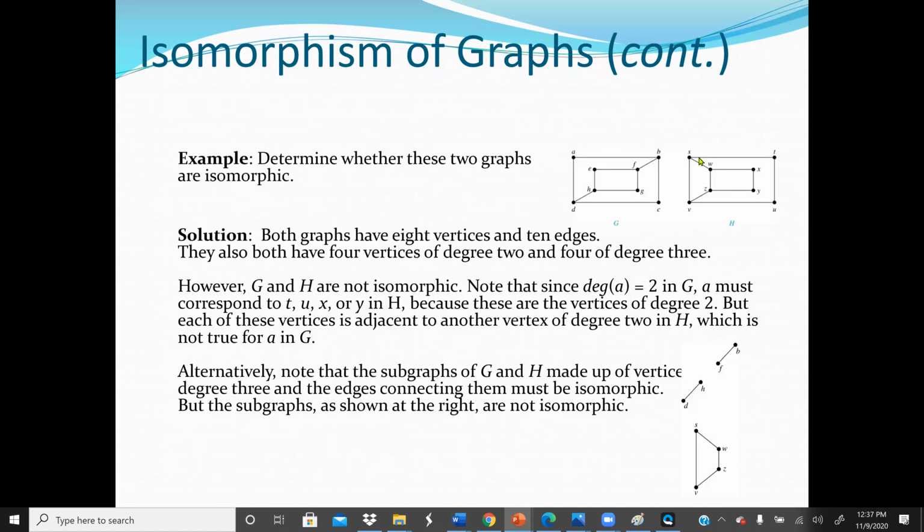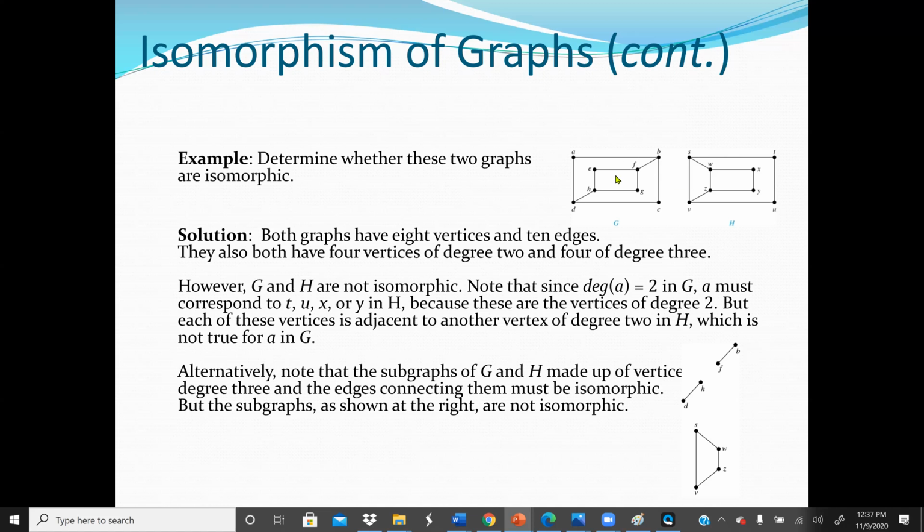But here we can see that A, we have 3, connects to B is 3, the degree is 3 at B, connects to D, the degree also is 3. But if I take, first of all, A has 2 edges, so I'll look at all the vertices that have 2 edges, which is X, Y, T, and U. It seems like U is good, but when I look at the U adjacent vertex of S, it has 3 connections.